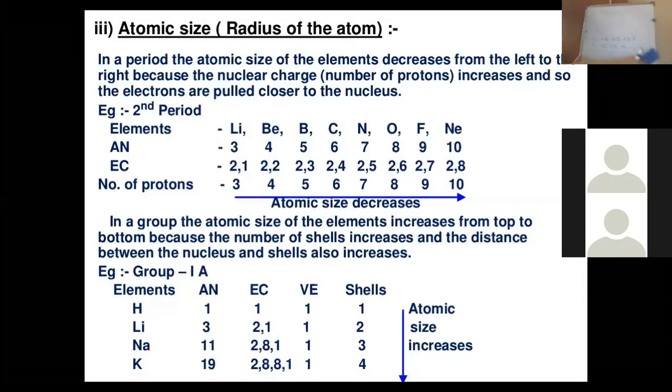Now how will atomic size vary when we move across a period? If I talk about the atomic size, it is the radius of the atom. Yesterday we already discussed that.